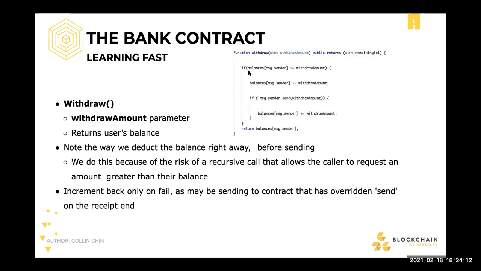So then here is the if statement that checks if your balance is greater than the amount. If it is not greater than the amount that you want, then you don't even call it. And then also you want to send the withdrawn amount, because if you can't send it, let's say something happens along the way, the money will get lost. So then you'll have to reimburse the sender if the money can't be sent, which is what this block does.